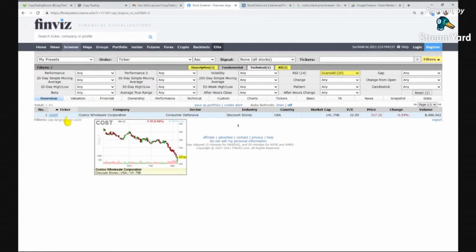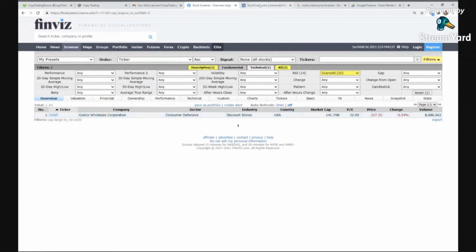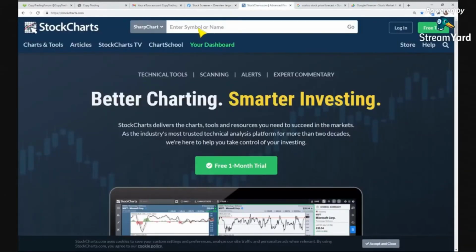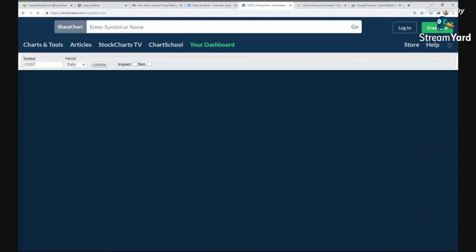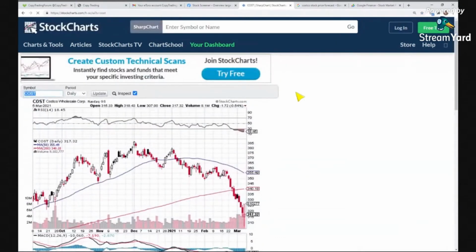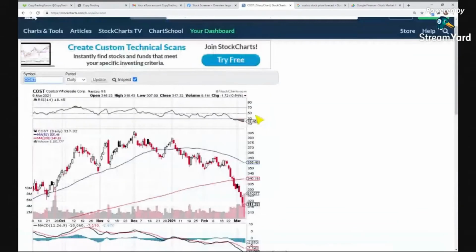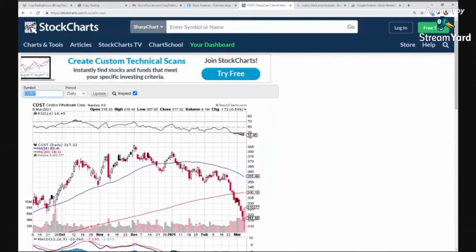So what do I do next? Next, I go and check the RSI, and I put in the ticker name for this stock, COST, which is just an abbreviation for Costco. And here's what I mean by the RSI model. We go to stockcharts.com, and all I do is check this line here.